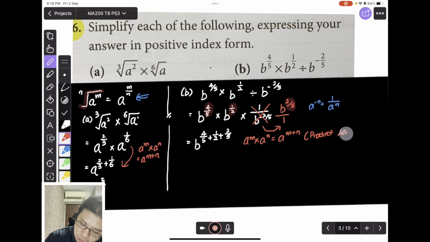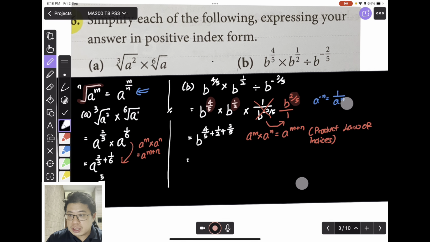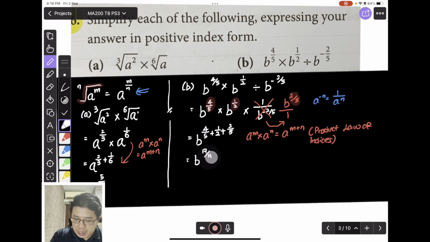As we are going through step by step, I would also want you to know the different laws that are being used. So over here, just adding up all the powers together, we have our final answer to be b to the power of 17 over 10. Okay, so that's for a and b.